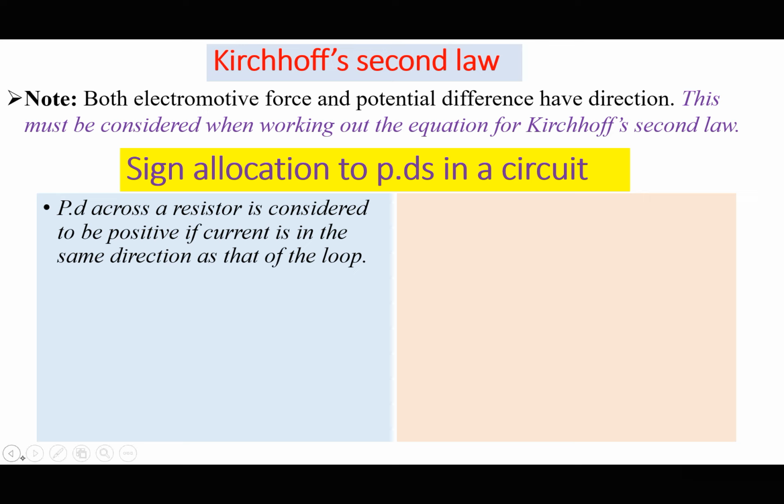Remember I said, when you talk about Kirchhoff's second law, you must refer to a closed loop or a closed circuit. So the PD across a resistor is considered to be positive if the current is in the same direction as the loop. I will illustrate this with a diagram.